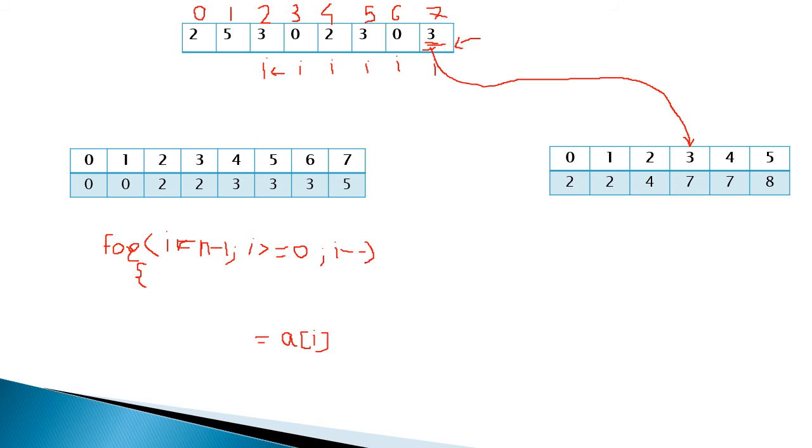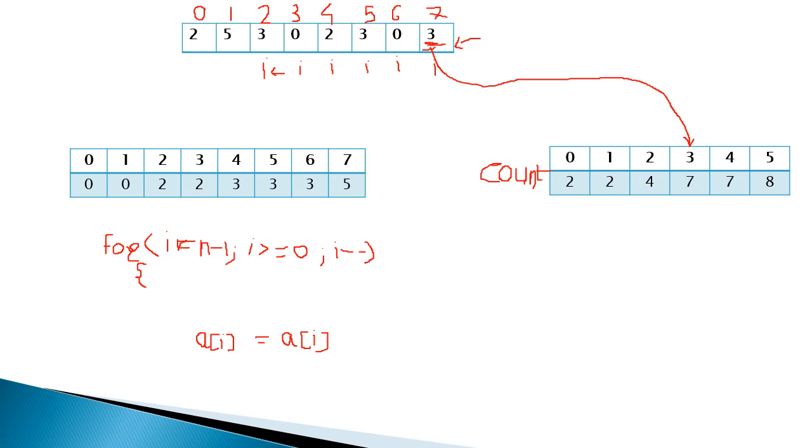That's why here, the count array, the index of the count array is this original value, that is 3. That's why here we can write down this code like this, that is A of I. A of I means this 3 value.